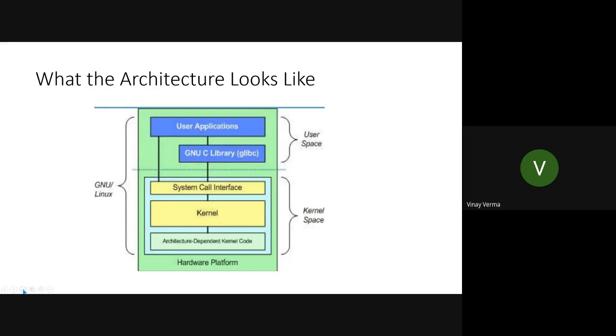So let me switch to a pointer. Yeah, so there is a part in user space and there is a part in kernel space. Why are these parts different? As I told you, there are multiple flavors, so let's take two Linux flavors.